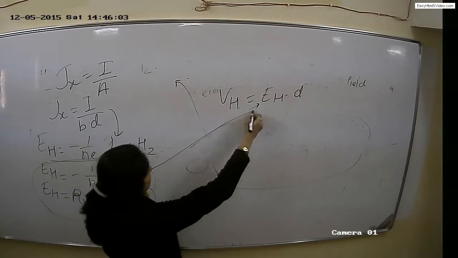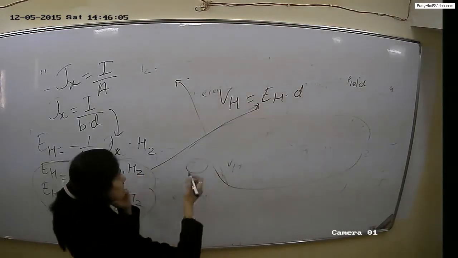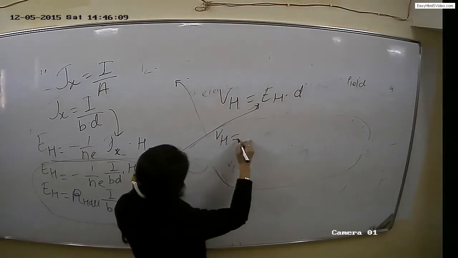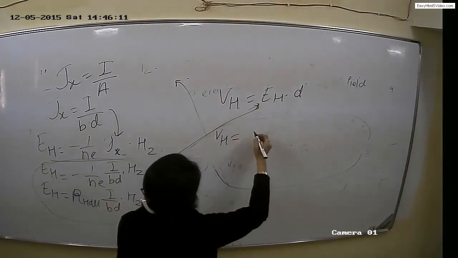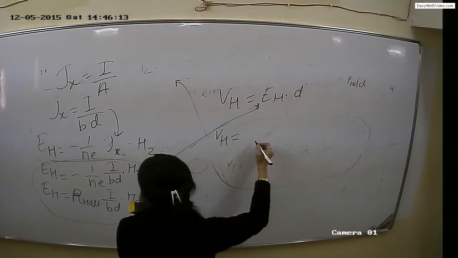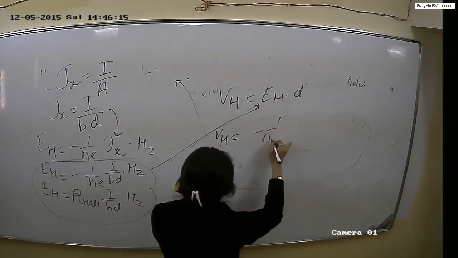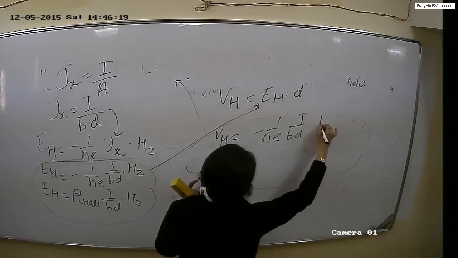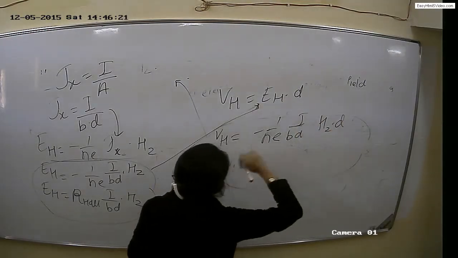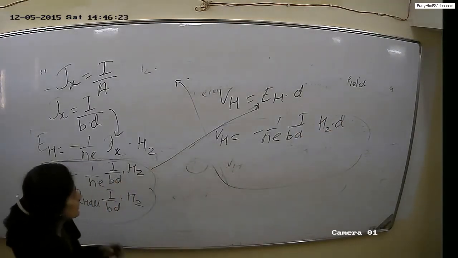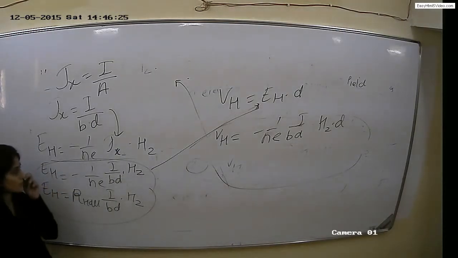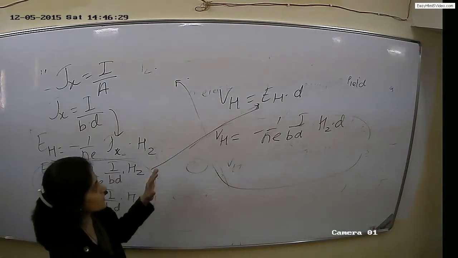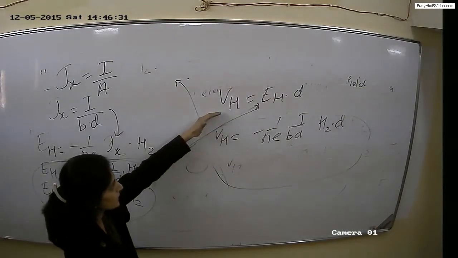Now substituting the value of EH here, the value of Hall voltage VH is equal to minus 1 upon NE I upon BD into Hz into D. What we have done is calculate another relation for the Hall electric field and substitute it in the Hall potential.